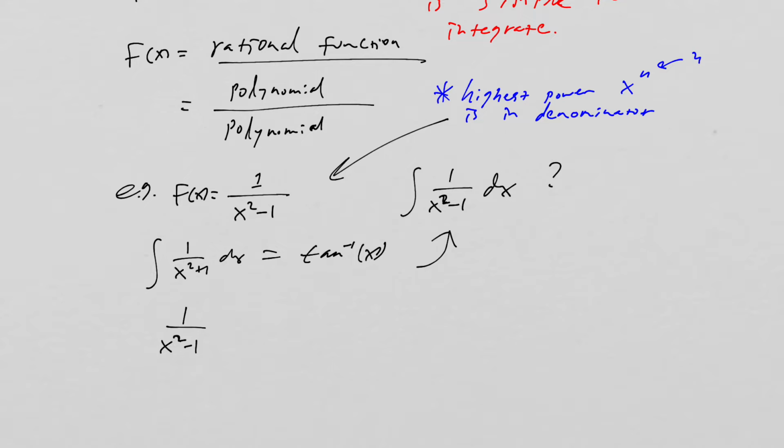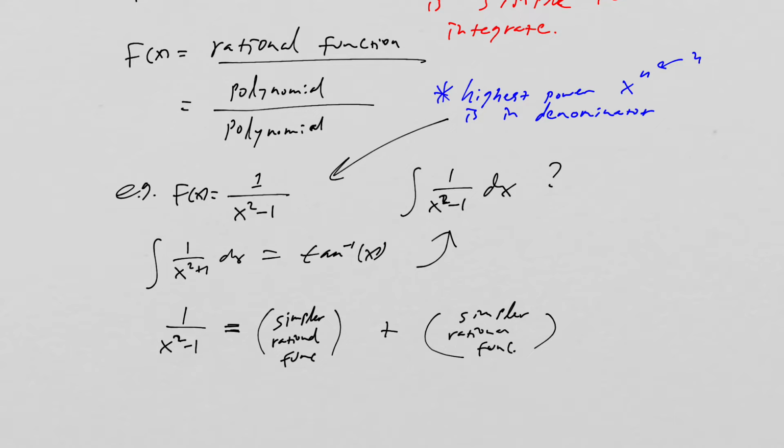And it comes from an idea that I think in algebra, when you're taking an algebra class, one of the first things you do is combining two rational expressions together. What we're going to do is actually break this rational expression up into simpler rational functions.